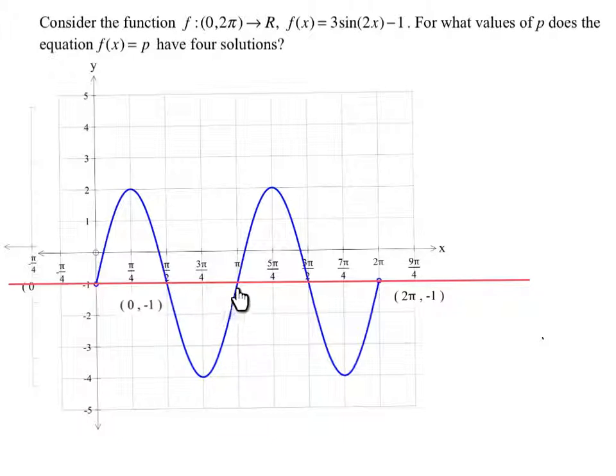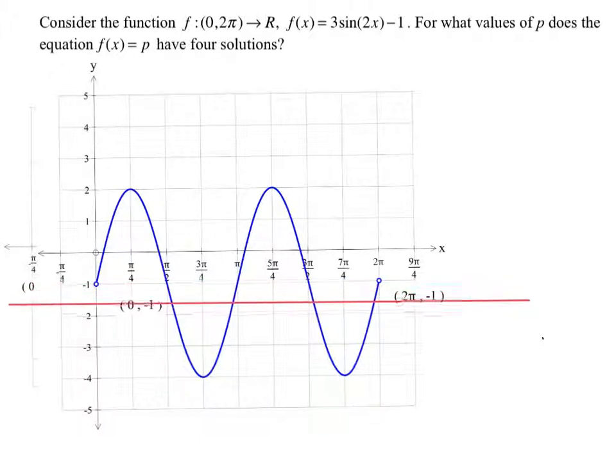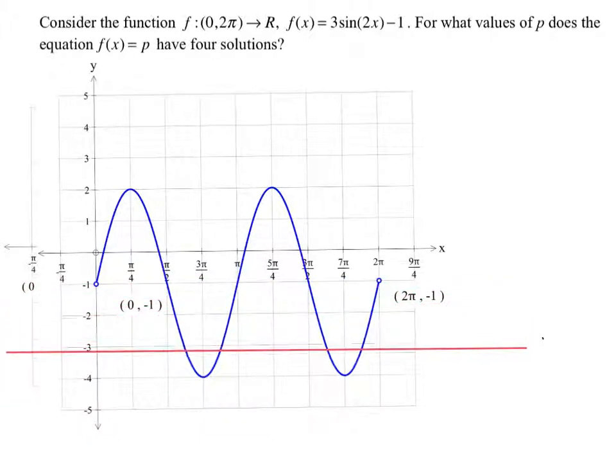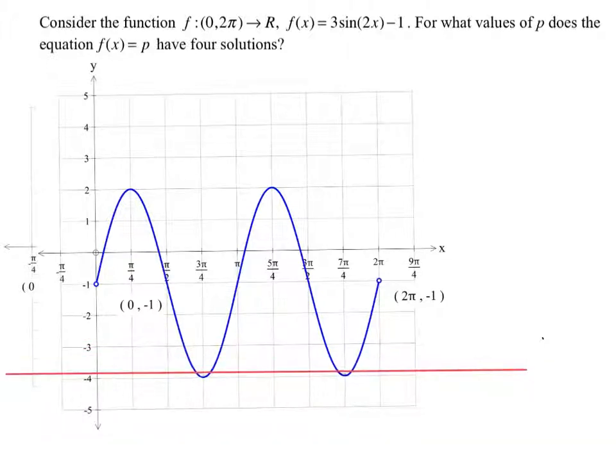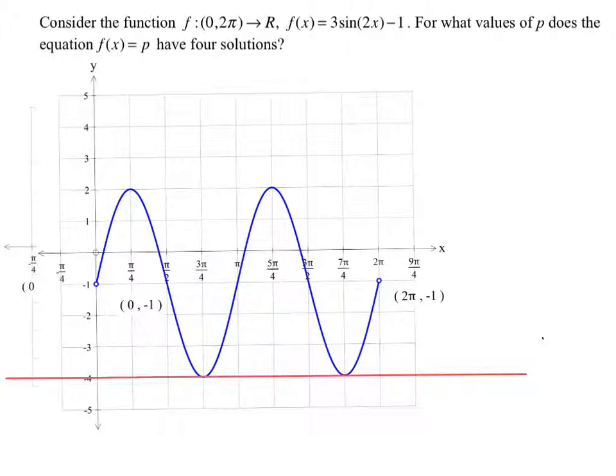That's 1, 2, 3 solutions, but not there. So we have only 3 solutions where p is -1, and so that would not be a value of p that we would choose. But we can choose any other value underneath -1 all the way down to -4. But at -4 again, we have only 2 solutions, 1, 2.